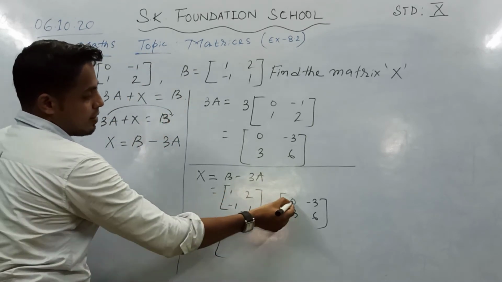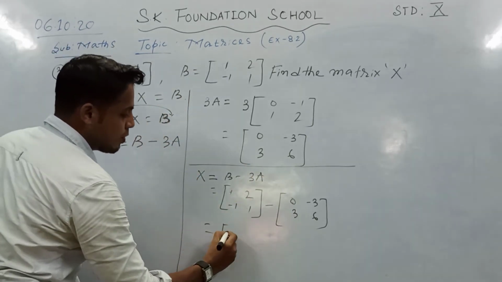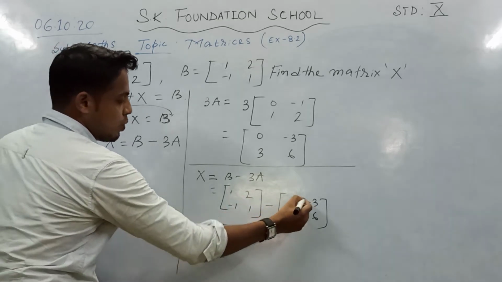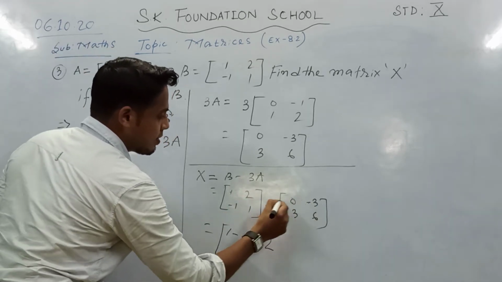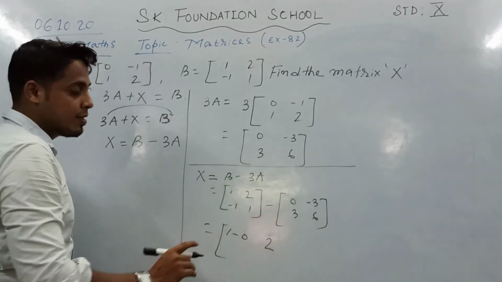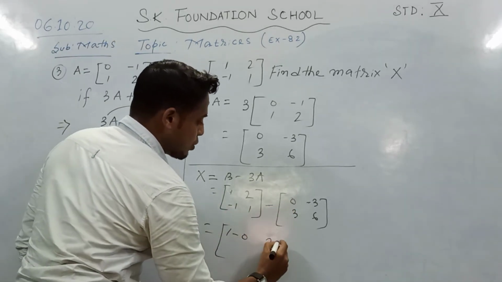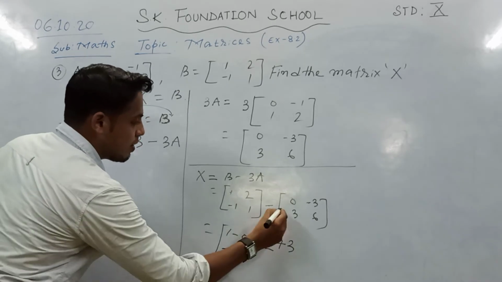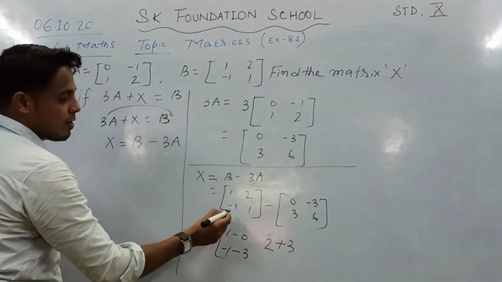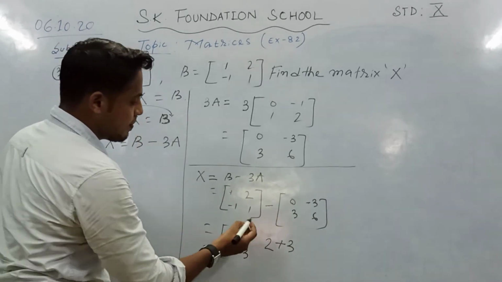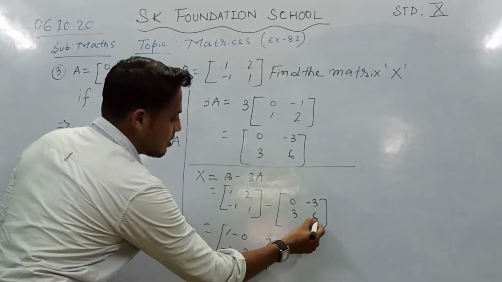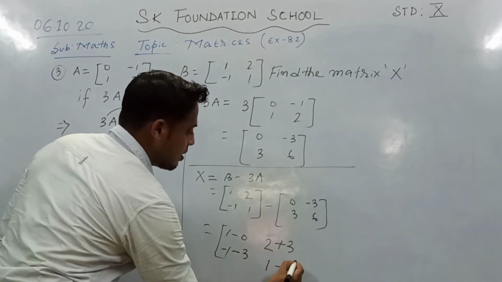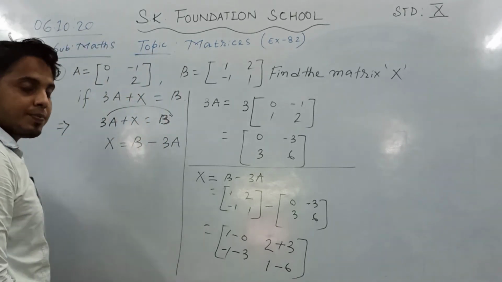This 1 and this 0, subtract: 1 minus 0. Then 2 minus minus 3: minus minus makes plus, so 2 plus 3. Then minus 1 minus 3, and this 1 and this 6, 1 minus 6.